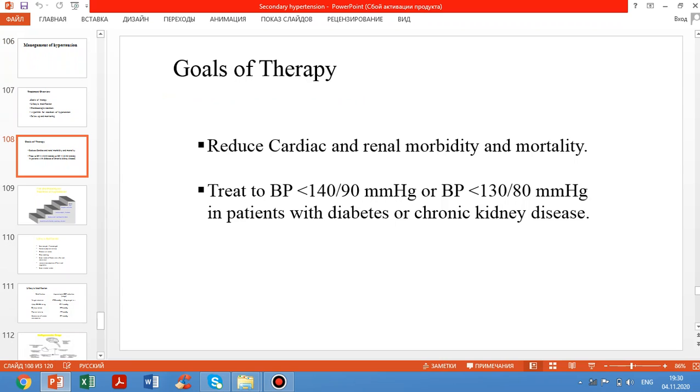Treat to BP less than 140 per 90 mmHg, or BP less than 130 per 80 mmHg in patients with diabetes or chronic kidney disease.